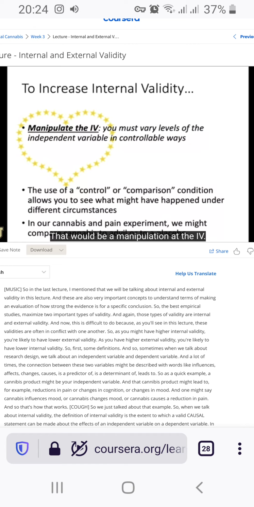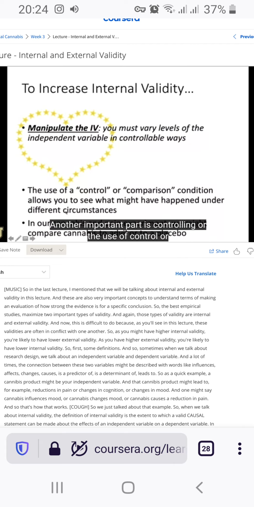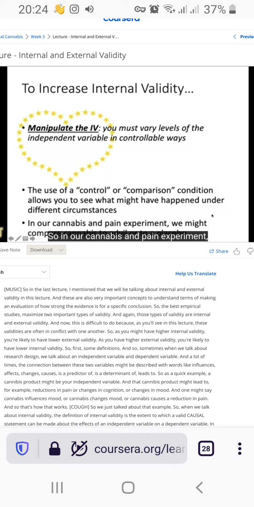That would be a manipulation of the IV. Another important part is the use of control or comparison conditions, which allows you to see what might have happened under different circumstances. And we covered some of this before in the last lecture as well. So in our cannabis and pain experiment, we might compare cannabis to Advil as a control condition or to a placebo.